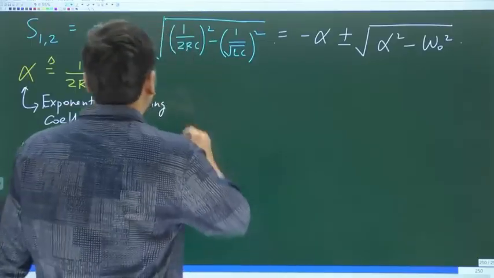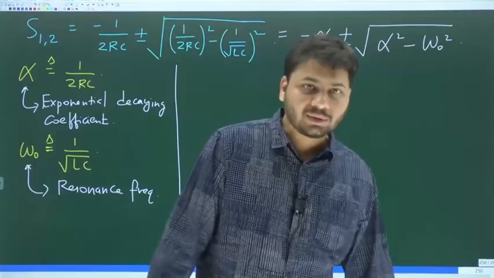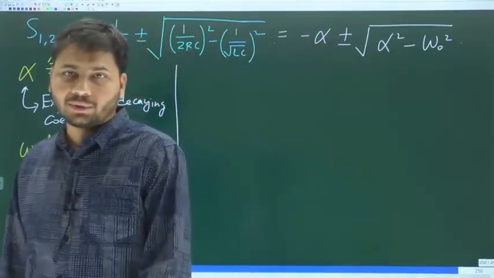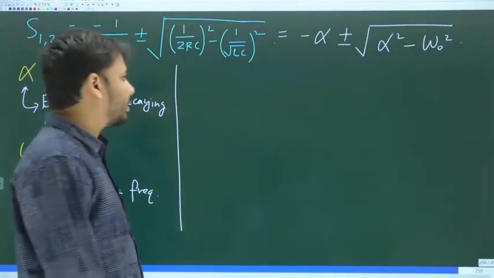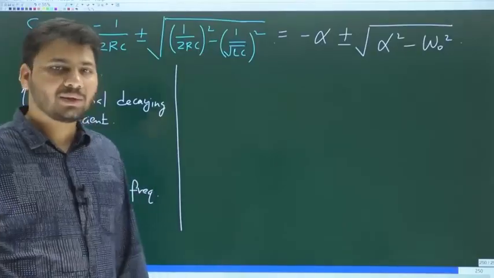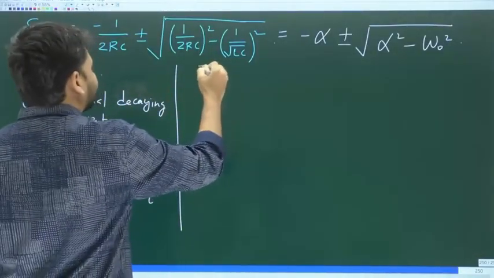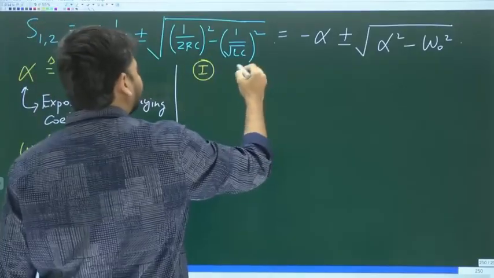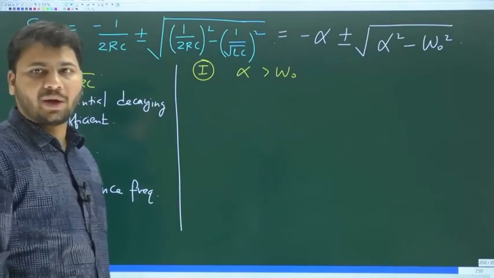Okay. Now we are going to have three cases. First, let me outline the three cases. Then we'll look at the natural response in each case. Number one, alpha is greater than omega naught.